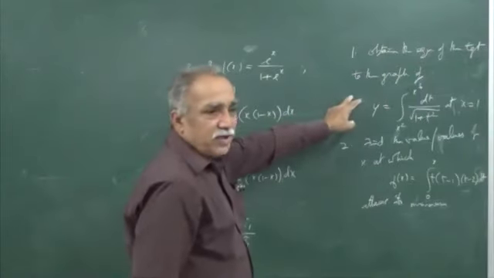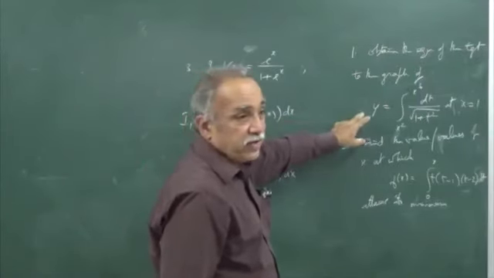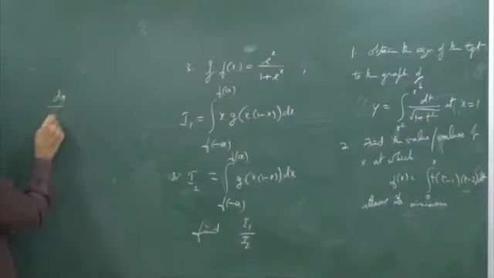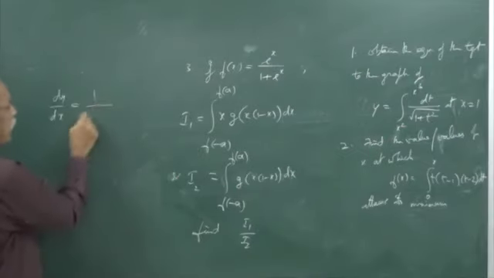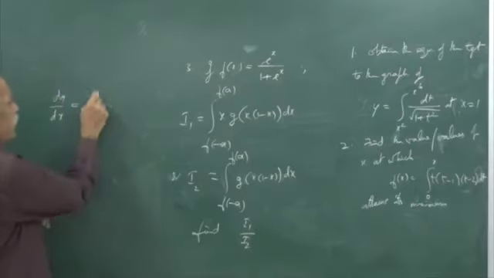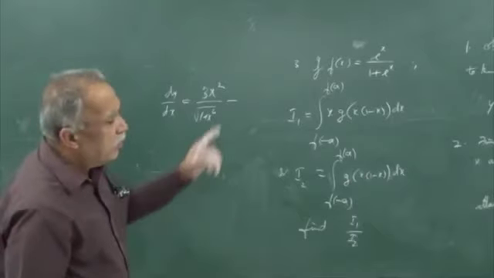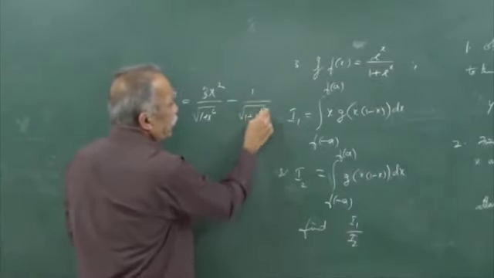Simple one. First we find the slope of the tangent. What is slope of the tangent? Dy by dx, dy by dx at x equal to 1. What is dy by dx? Dy by dx is 1 by root of 1 plus x to the power 6 into 3x square minus 1 by root of 1 plus x to the power 4 into 2x.